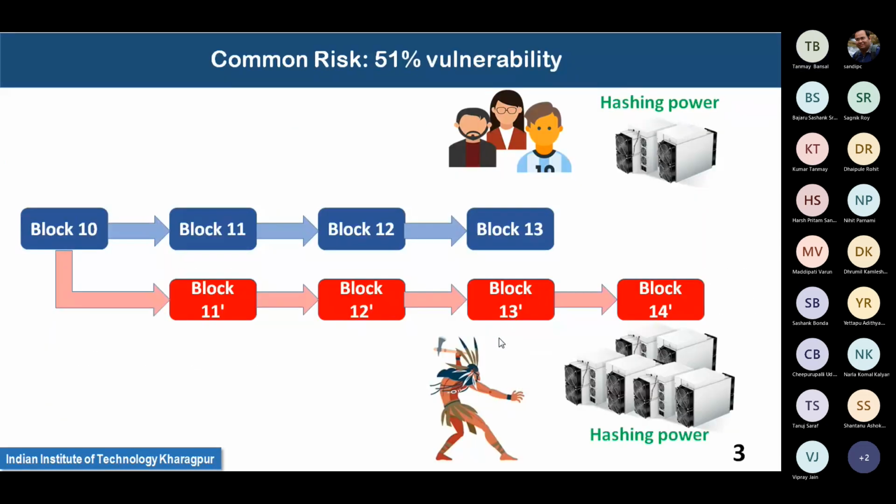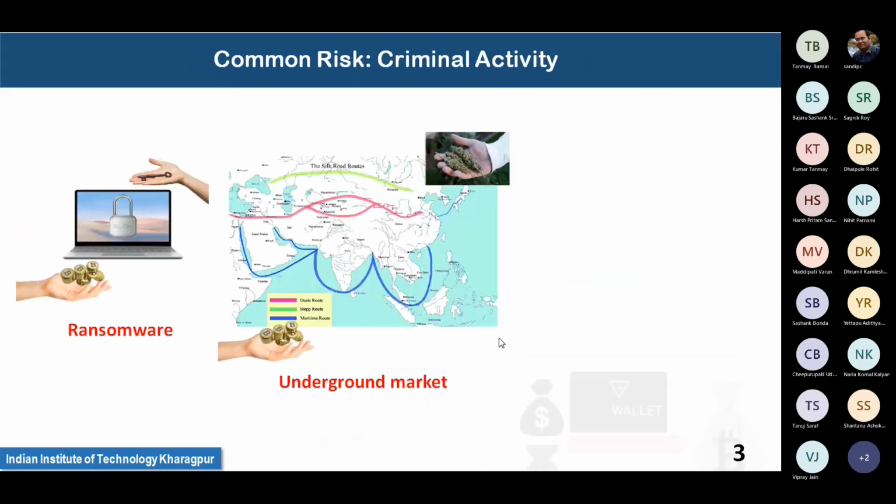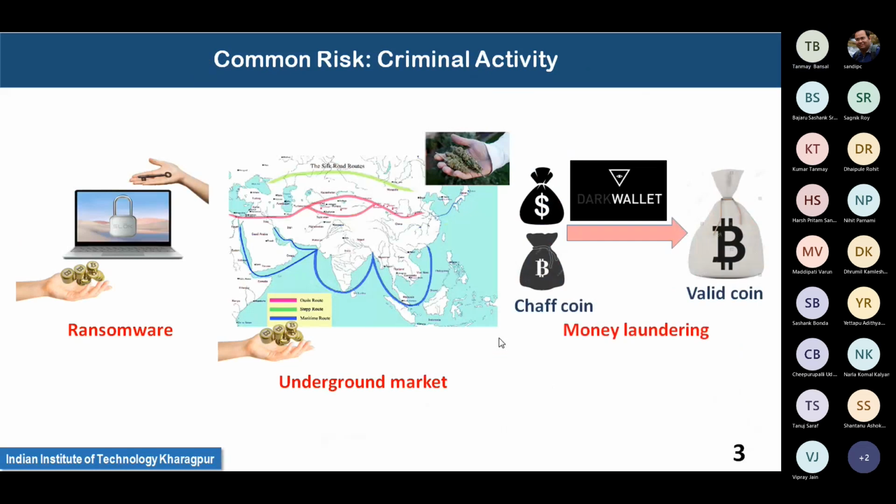And the usual types of vulnerabilities associated with any such running of code are also there for smart contract execution. So out of the common risks, we have been talking so far about the 51% vulnerability, then security of the private key, then a tangential topic about possible criminal activities that make use of the characteristics of blockchains, including ransomware, underground markets, different deals, and also possible money laundering.